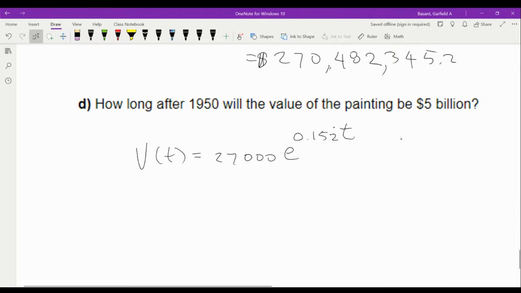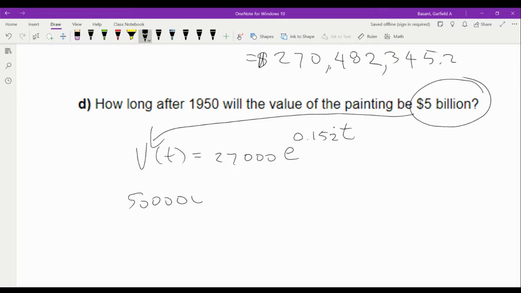So what does this 5 billion represent then? That's the current value, right? So we're going to put 5 billion here. It's 5 billion.